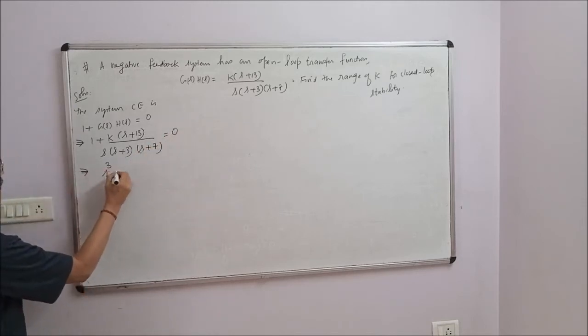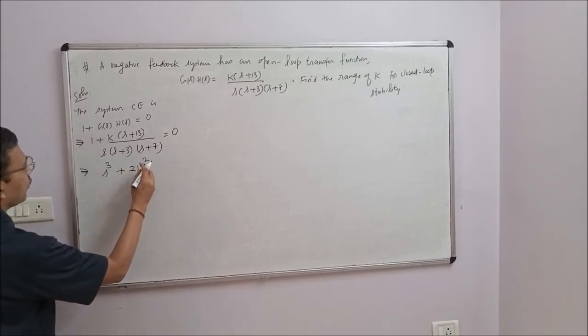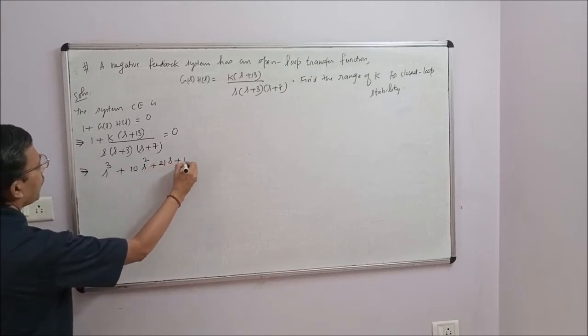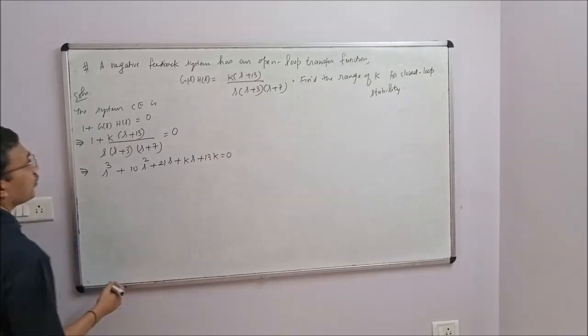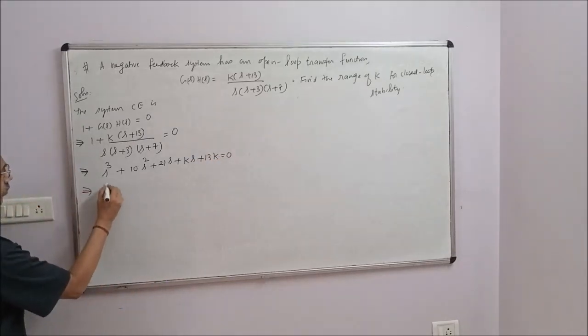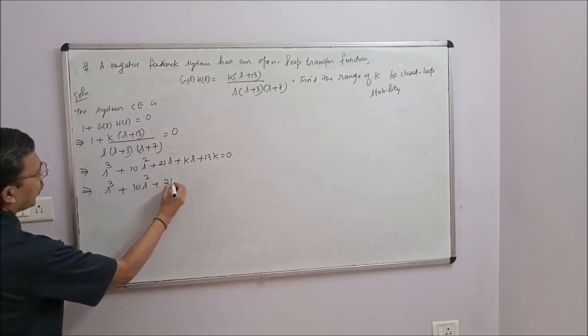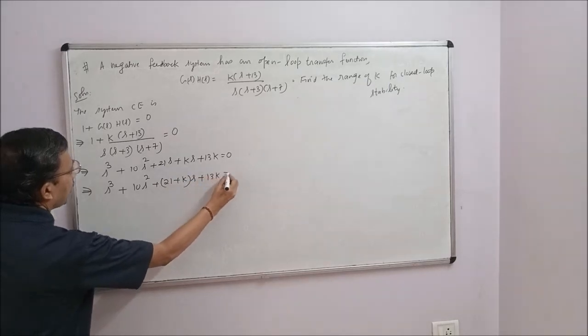This implies s cube plus 10s square plus 21s plus Ks plus 13K equal to 0, that is, s cube plus 10s square plus (21 plus K) into s plus 13K equal to 0.